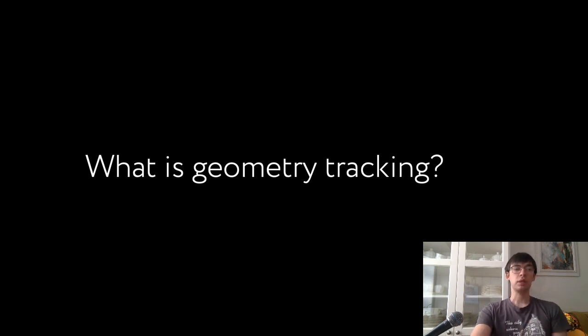Geometry tracking in general is when you want to track an object with some knowledge of its geometry. So you try to reconstruct the 3D movement of the object based on 2D information from the camera, and you know the geometry.